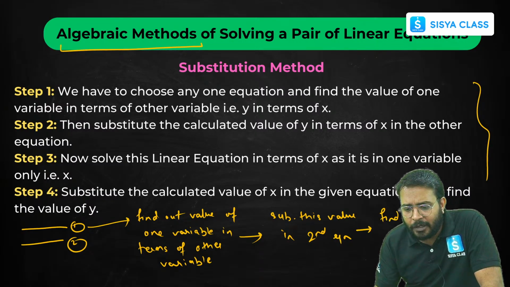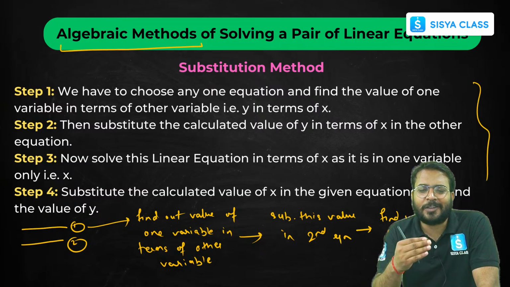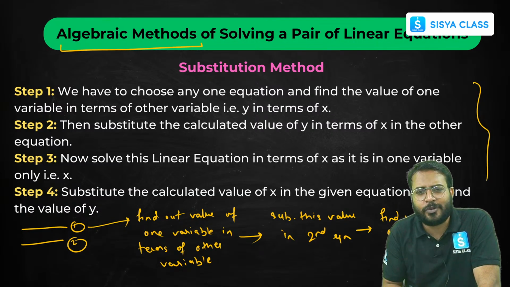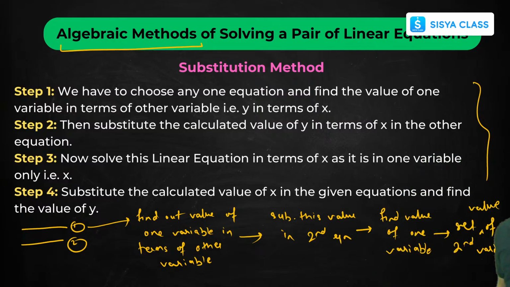Find the value of one variable. After getting the value of one variable, you again substitute the same value in either the first or second equation and get the value of the second variable. So, first, two equations will be given.